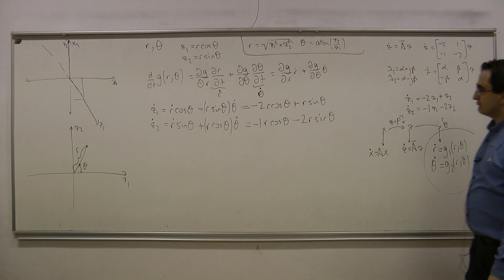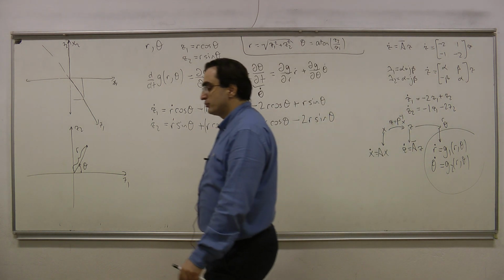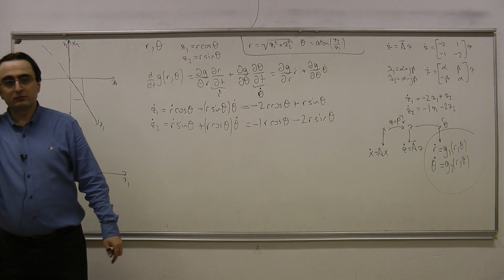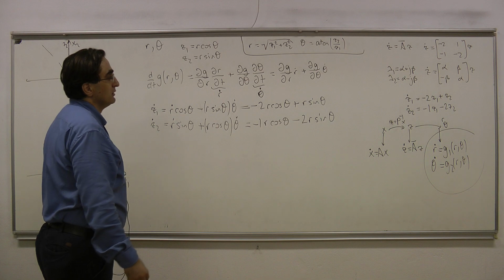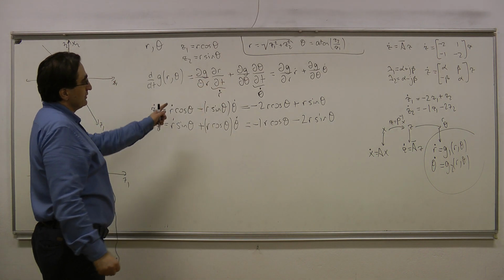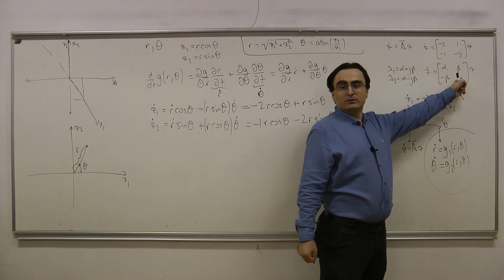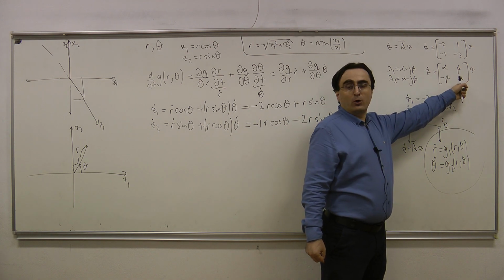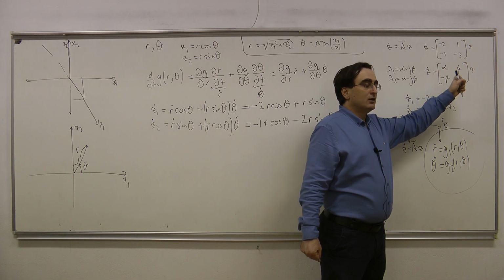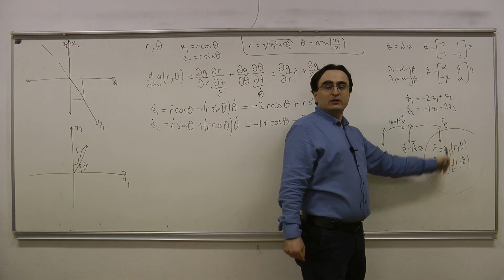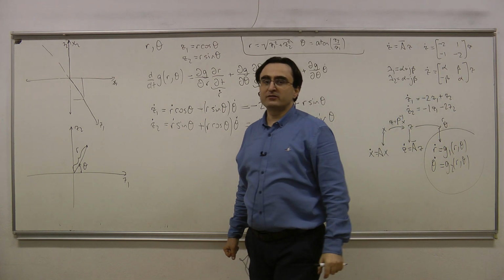Okay? And in general, these can turn out to be nonlinear for a general system in z. But here we see that for a system of this form, in the new coordinates, the equations that we are going to find are really going to be simple.